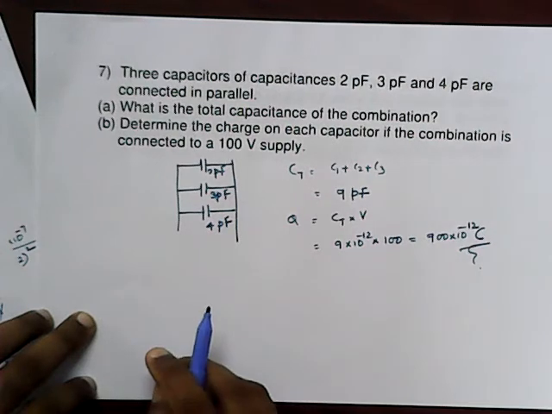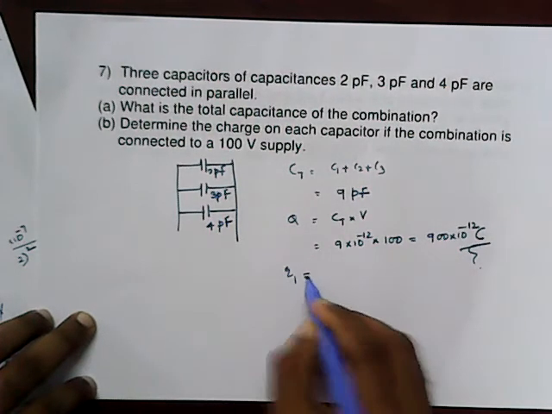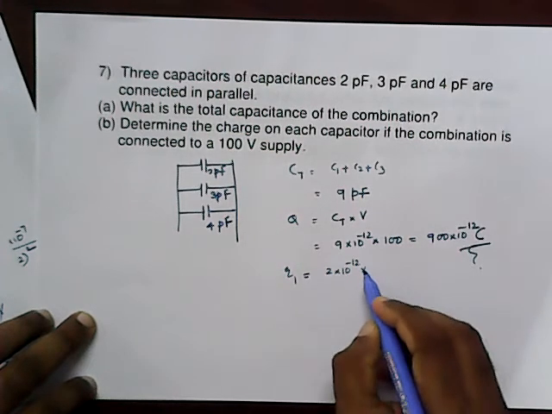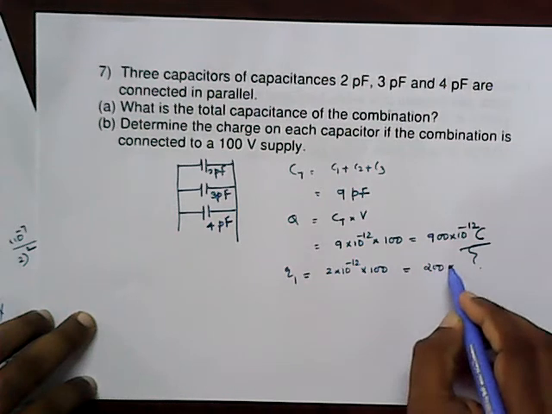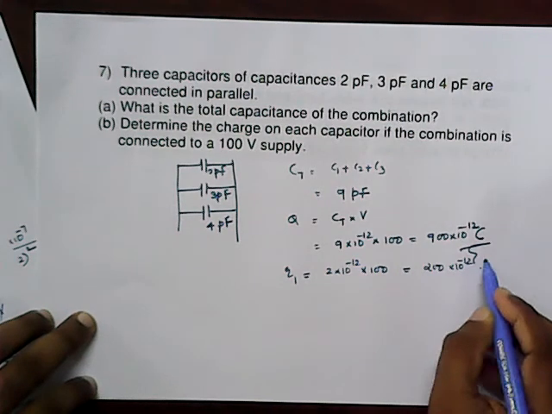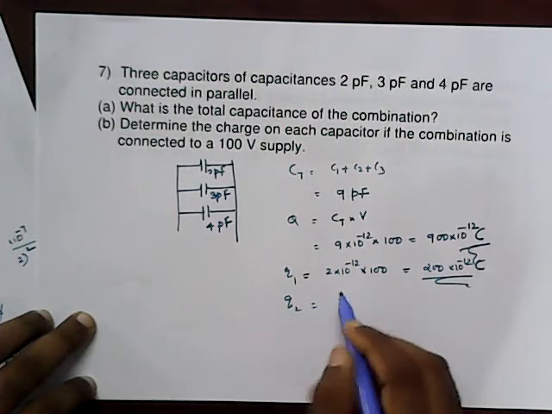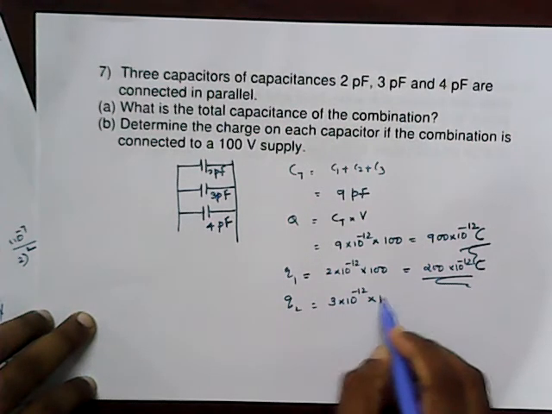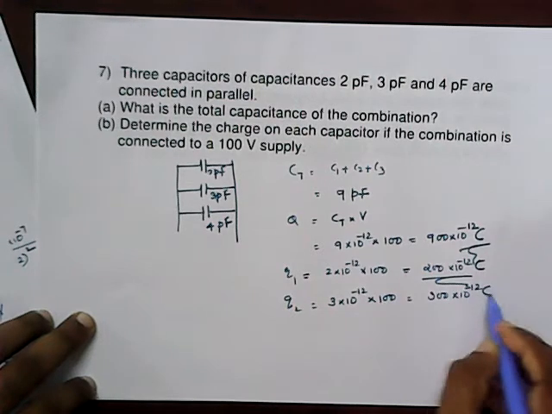But our aim is to find the charge through the first one. The capacitance there is 2 into 10 raised to minus 12 into the potential 100, equal to 200 into 10 raised to minus 12 coulomb. The charge through the second one, the capacitance is 3 into 10 raised to minus 12 into the potential, equal to 300 into 10 raised to minus 12 coulomb.